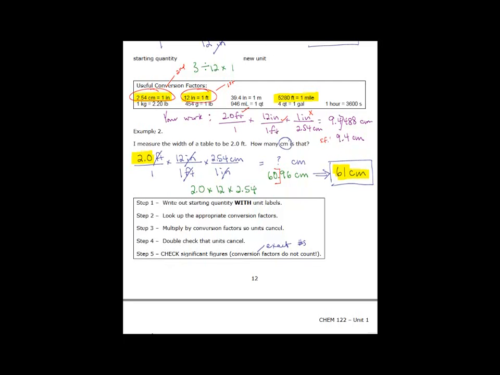Sig figs, correct. If this was a 5-point question, you might get 3 to 3.5 points out of 5. But if I couldn't tell what conversion factors you were using, if it wasn't clearly labeled, I wouldn't know where you made a mistake. So be sure to show your work clearly.